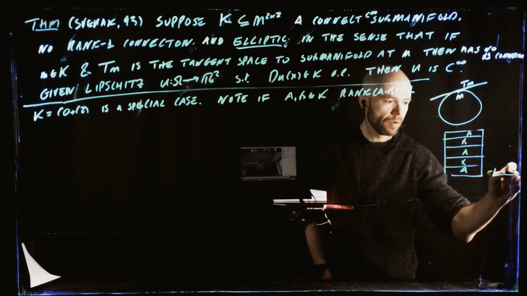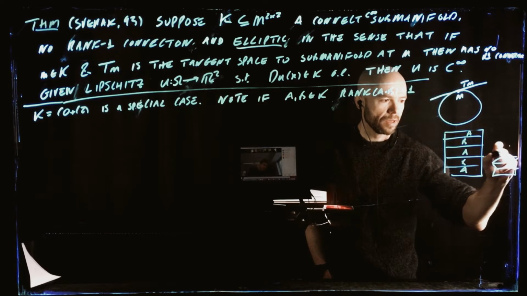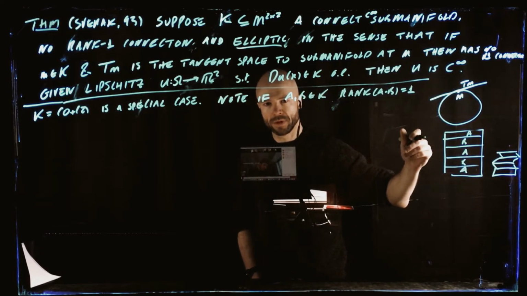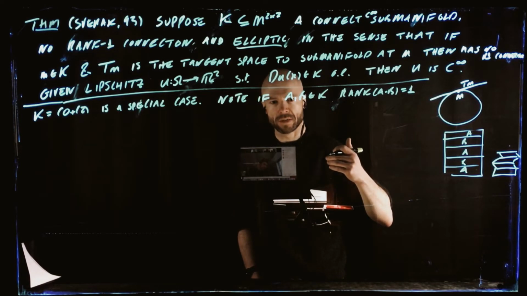And then this thing is a perfectly nice Lipschitz function, but in no sense is this smooth because the gradient is discontinuously jumping, right? So there's no hope that this thing could possibly be true if there's a rank 1 connection inside our set.